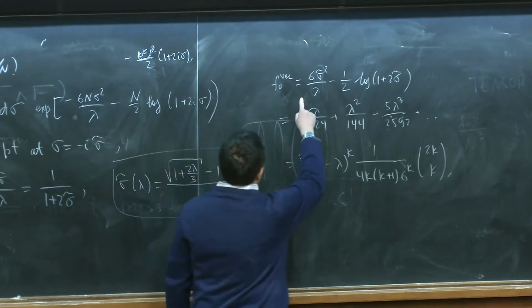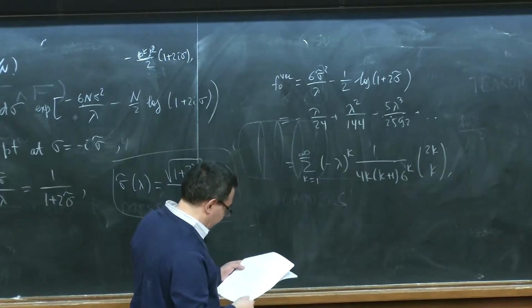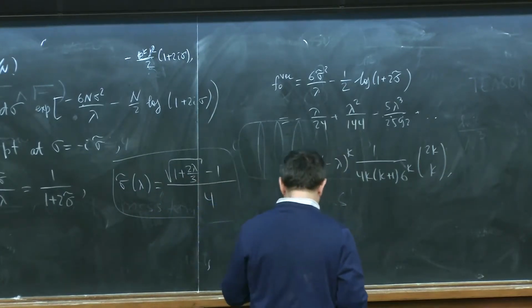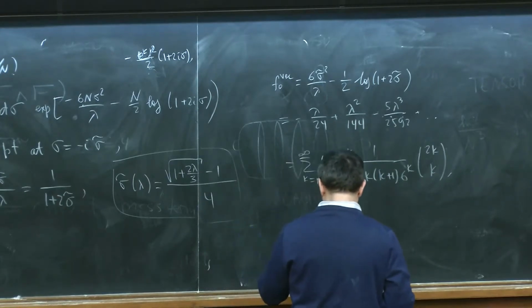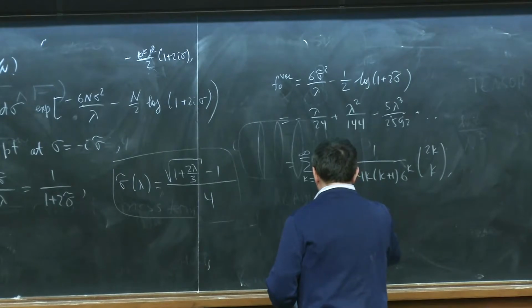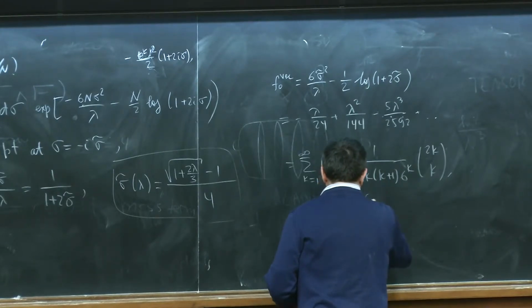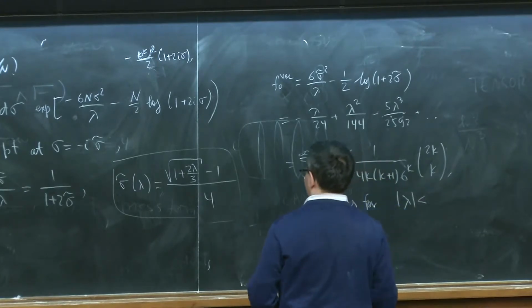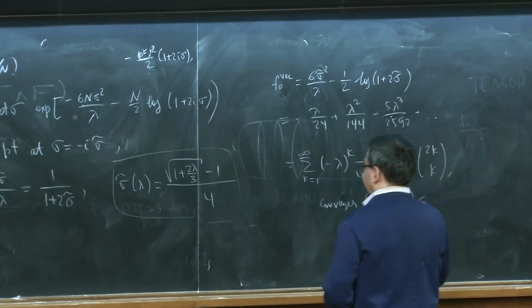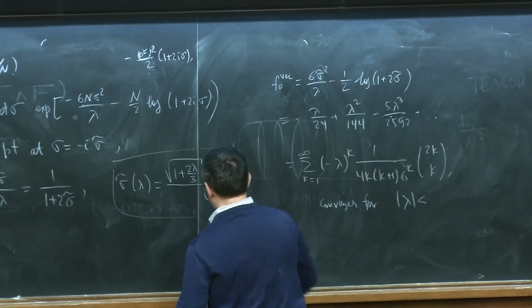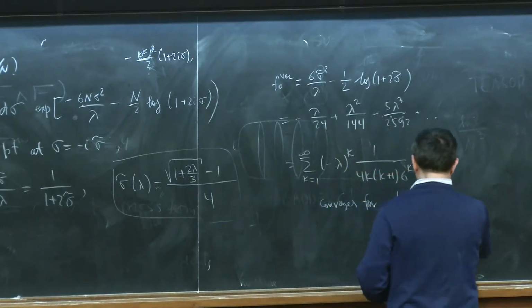But this can be analytically continued even for negative lambda. So there is, first of all, a finite radius of convergence. This actually converges for absolute value of lambda less than 3/2, right? Because this defines for us the radius of convergence.